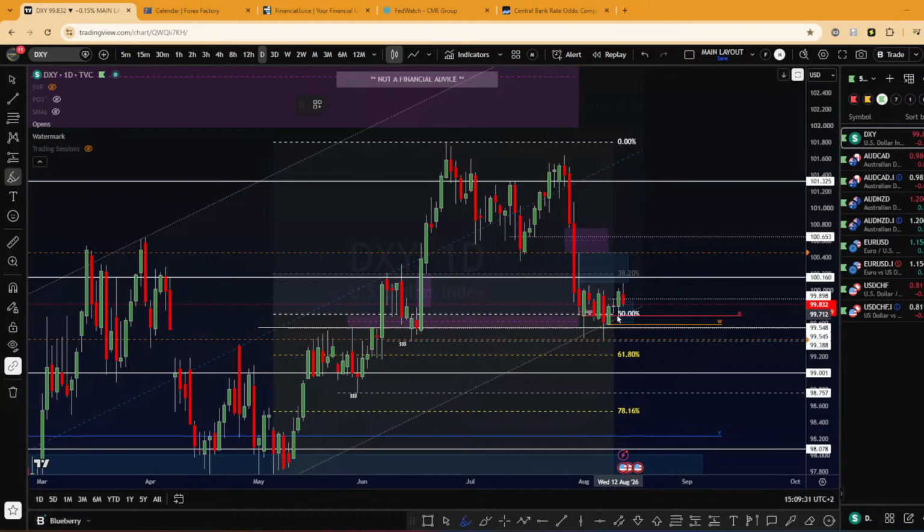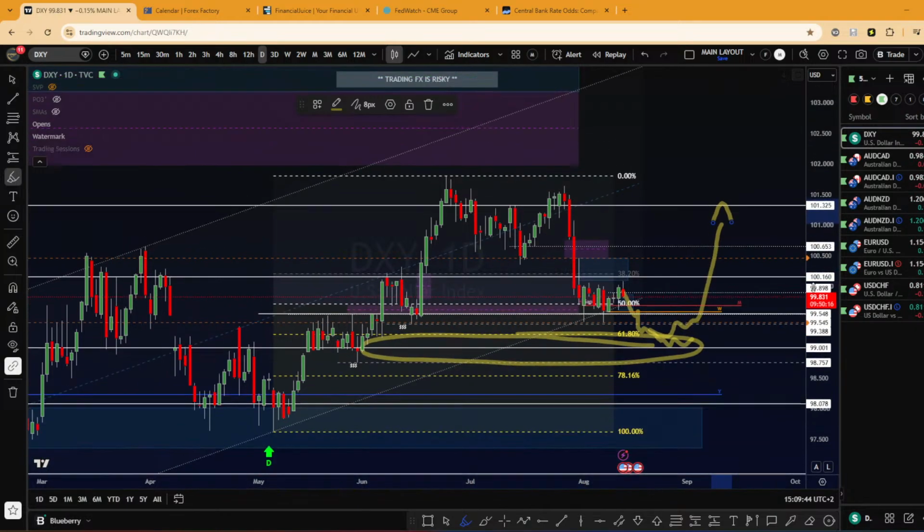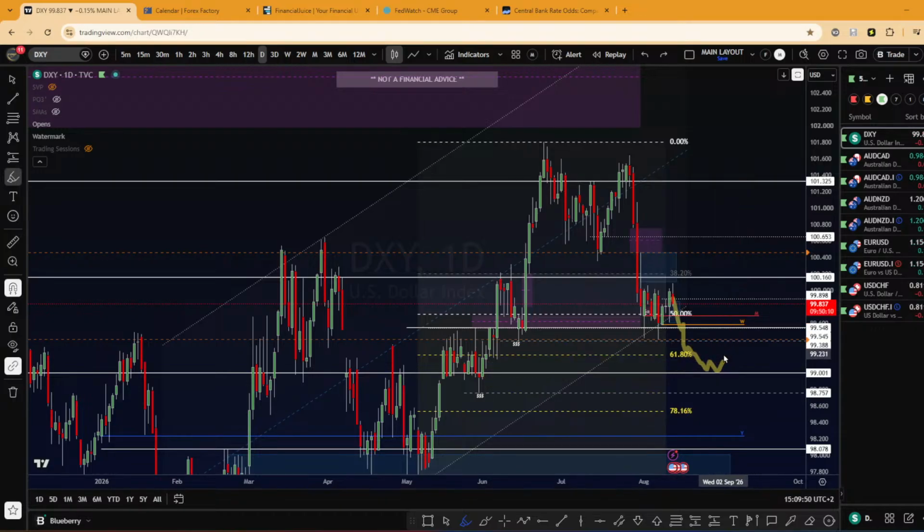I'm not saying that price is ready to bounce off. There is a high chance that if the dollar continues to be weak, we could drop even lower, retest another discount zone somewhere here before realignment with the higher time frame to be bullish again. So this is the zone where I want to buy.